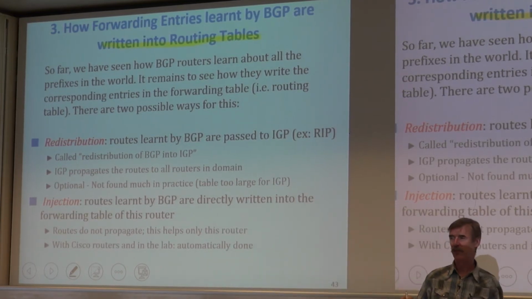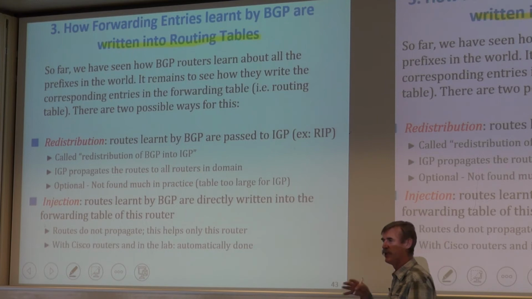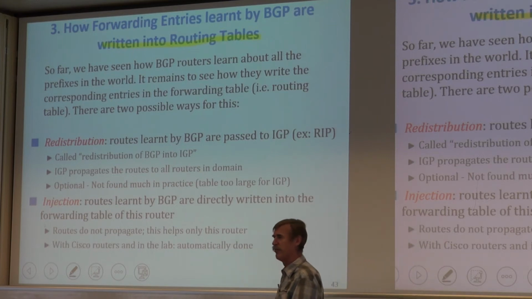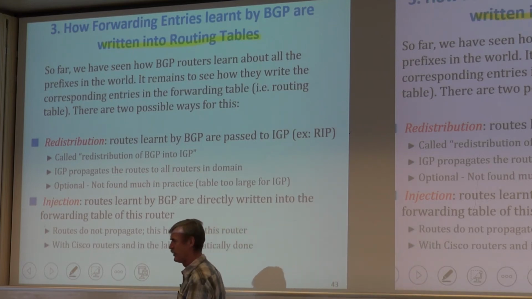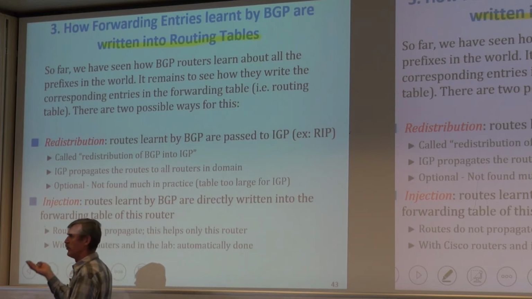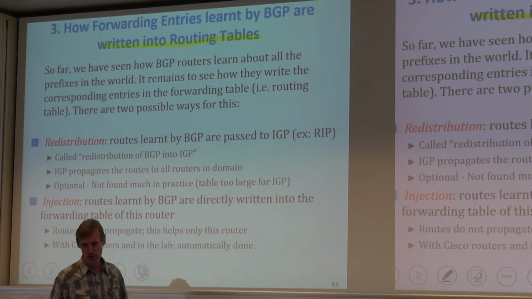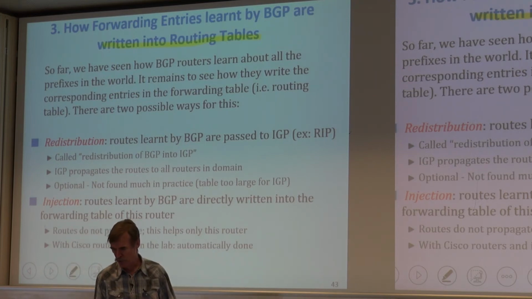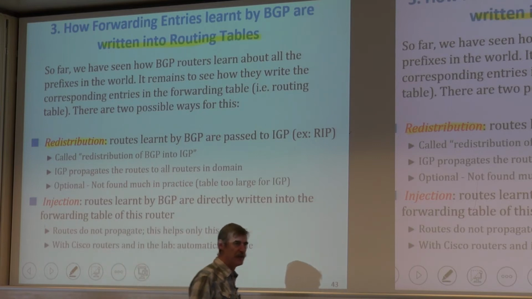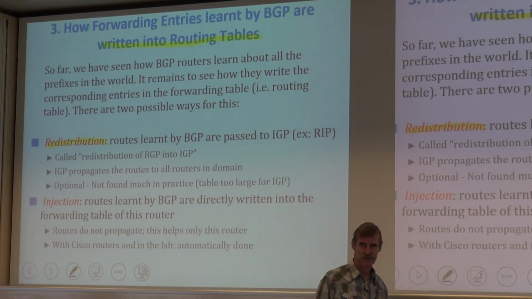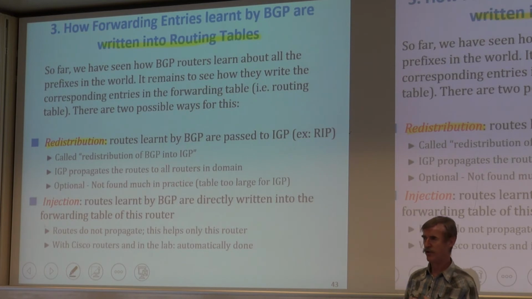If we think of BGP as a two-layer routing, BGP being the upper layer, the lower layer being RIP or OSPF or whatever you use in your domain, and then in addition you interconnect everything with BGP, then the natural thing to do would be what is called redistribution. Redistribution into RIP of all the routes learned by BGP.